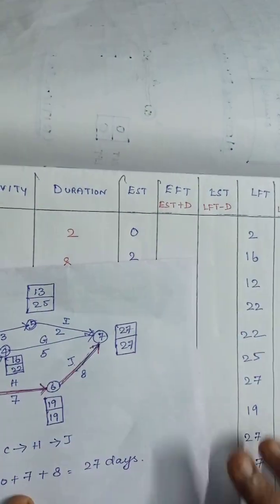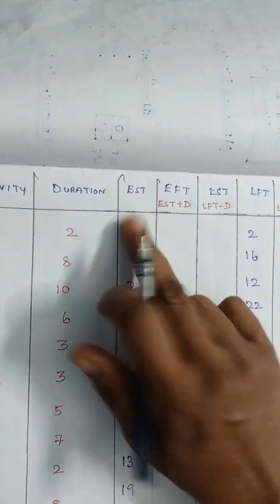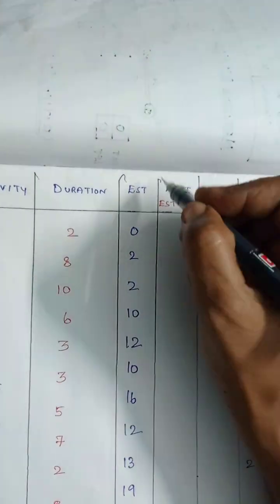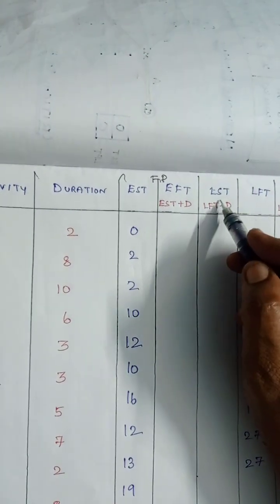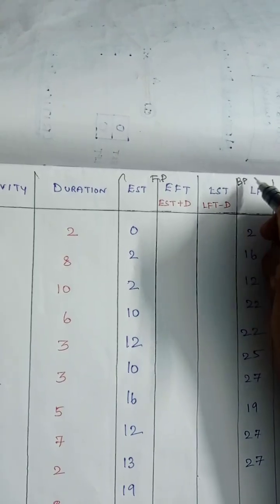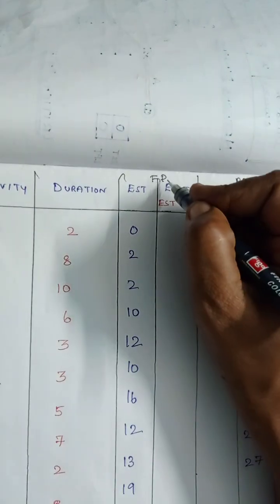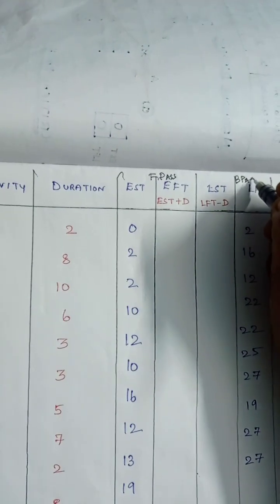From this network diagram you can write. After that you have to calculate. This EST and EFT is calculated using the forward pass, and this LST and LFT is calculated using the backward pass.